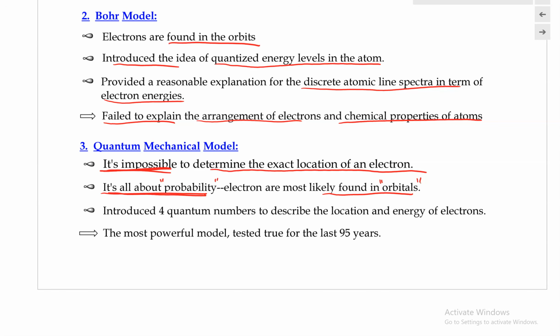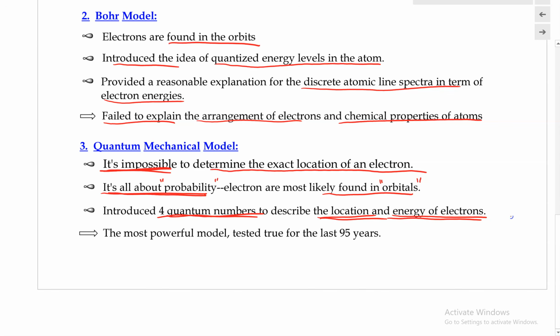The quantum mechanical model introduced 4 quantum numbers that are used to describe the location and the energy of the electron, and these 4 quantum numbers are really the heart of the quantum mechanical model. Our emphasis will be on understanding the 4 quantum numbers and how knowing them allows us to describe the location and the energy of the electron.